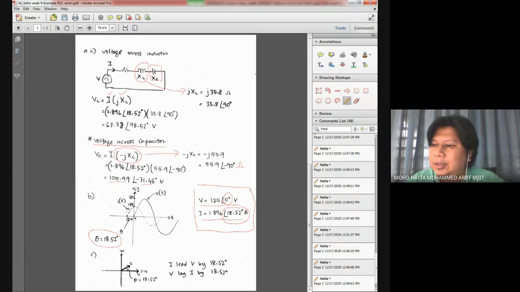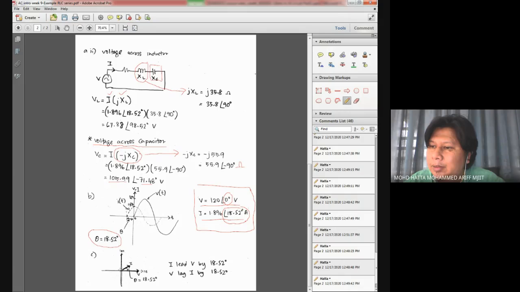The voltage is 120 volts with the angle of 0 degrees. It means that you're going to draw a straight line over here representing the voltage, and for the current, it is 1.896 with an angle of 18.52.